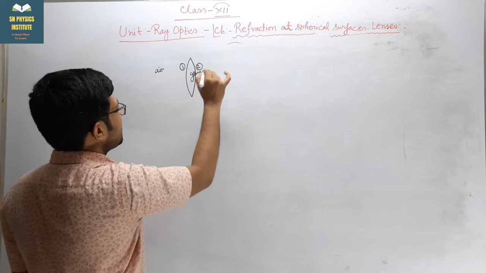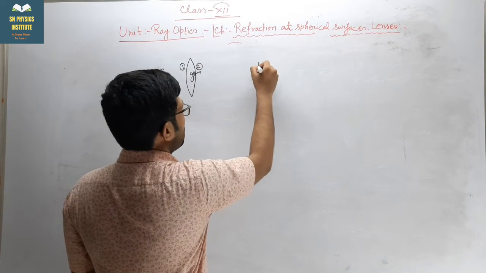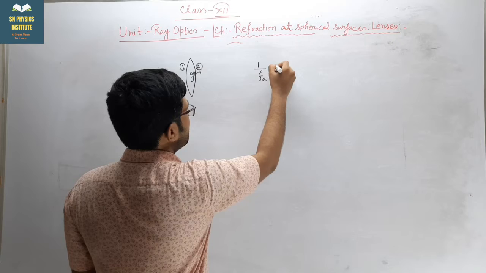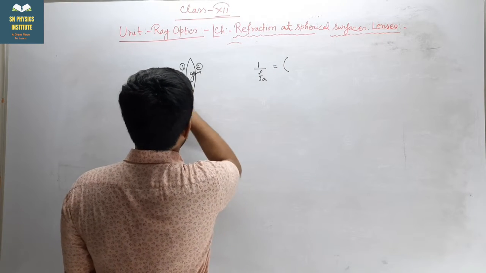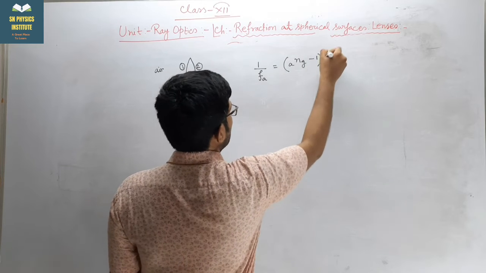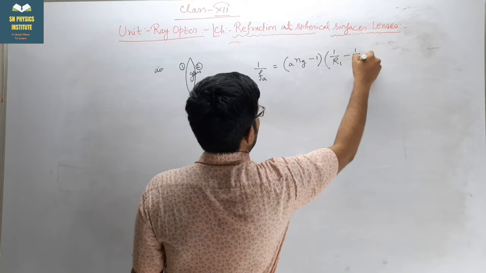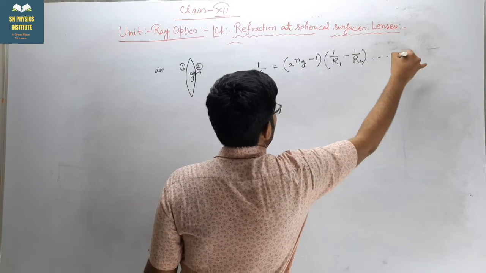So the equation you have to write is 1 by focal length in air is equal to aNg minus 1 into 1 by r1 minus 1 by r2. This is your equation 1.